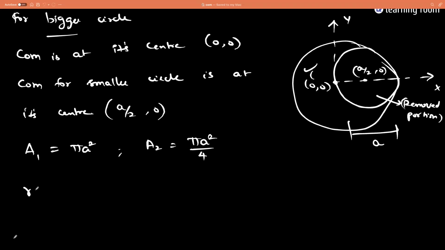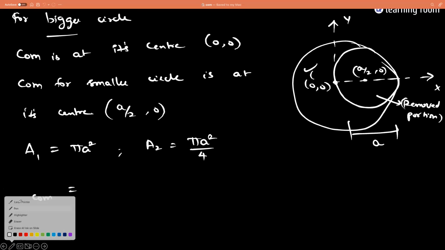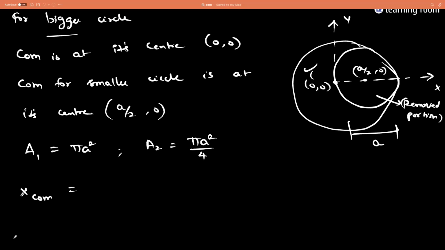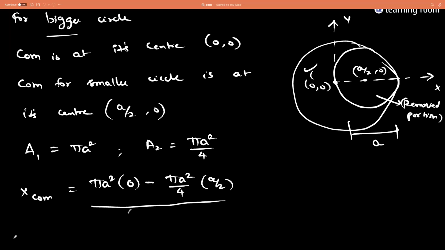Okay. Now, how do I find the r coordinate of center of mass? It is actually going to be along the x-axis. It is obvious. X coordinate of center of mass is going to be A1, that is pi a square into 0, minus pi a square by 4 into a by 2, the whole divided by pi a square minus pi a square divided by 4.